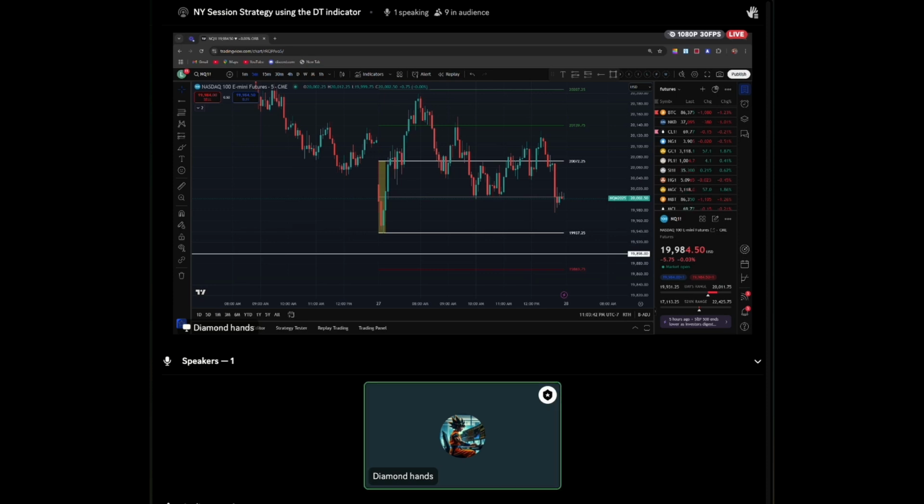You have to be careful with that. You can't really trust it for all your entries. If it was pretty easy, everybody would just use Bookmap.